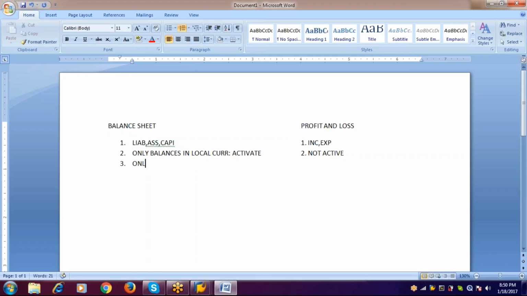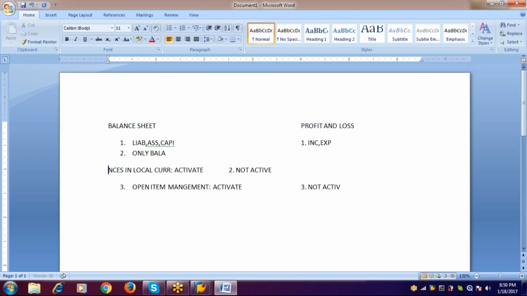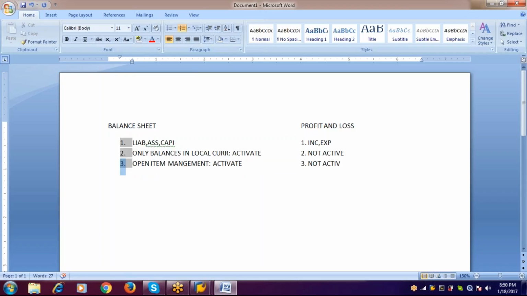And whatever ledgers we are creating in the balance sheet can have opening balances, but the profit and loss accounts don't have any opening balances.